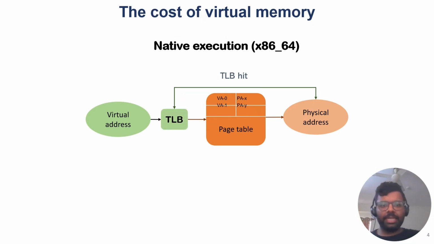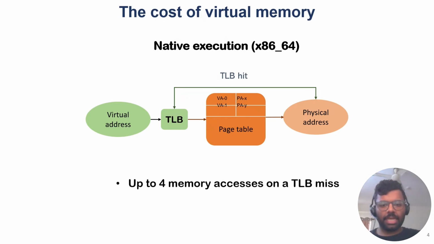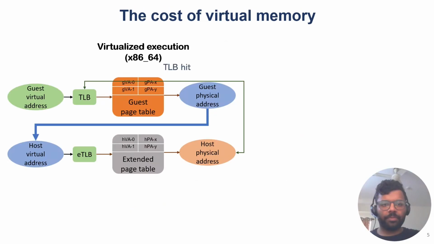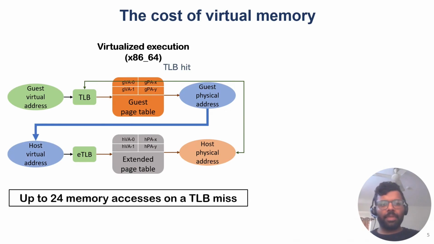A miss in the TLB can take several memory accesses and may incur hundreds of cycles to service. As memory capacity grows, deeper page tables add another level of memory access, further increasing the cost of a miss. Now, in a virtualized environment, a TLB miss may require up to 24 memory accesses.